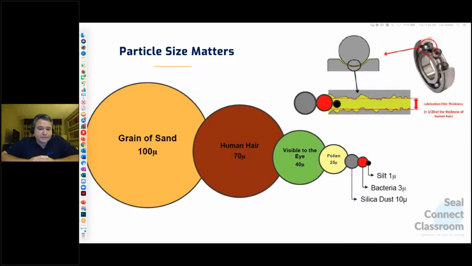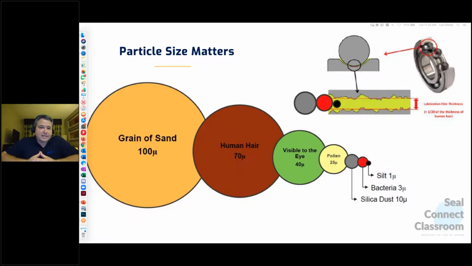But we really need to understand our current condition and be able to measure the opportunity. We know there's big financial opportunities, so we need to know what the enemy looks like. And contamination is our biggest enemy, our biggest opportunity.